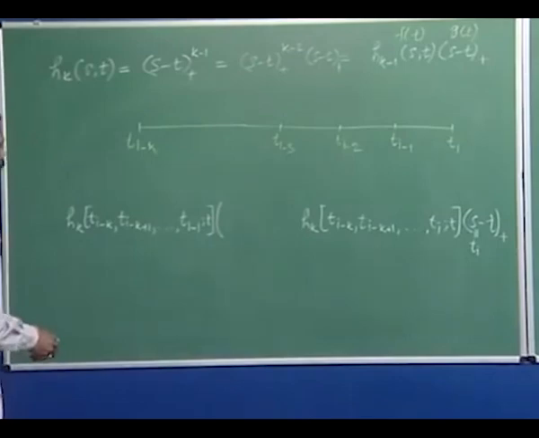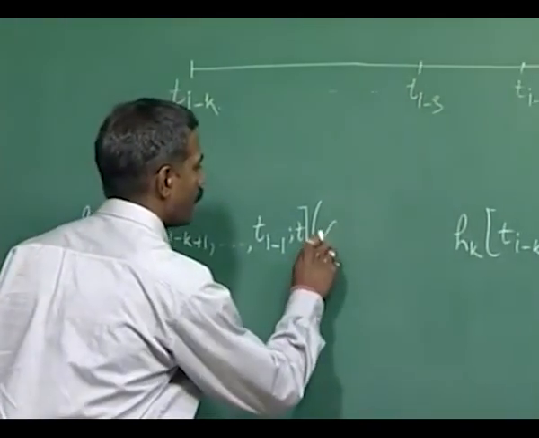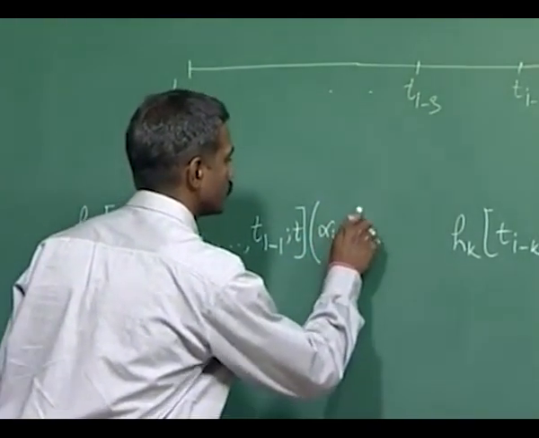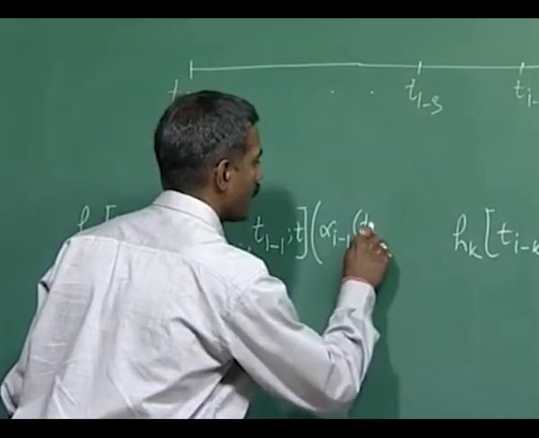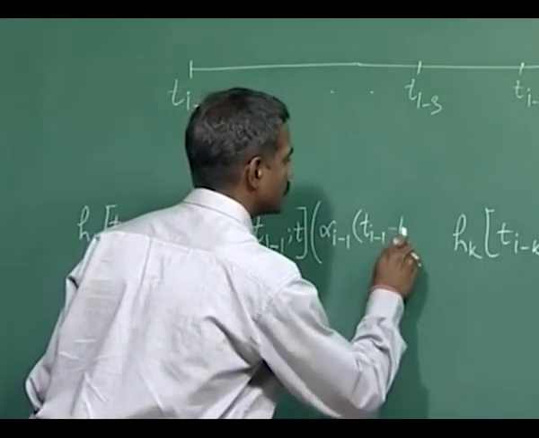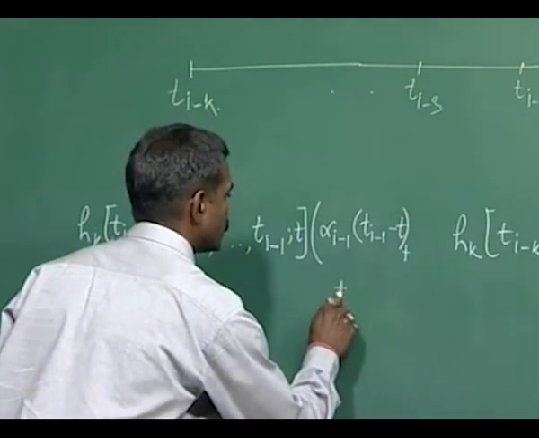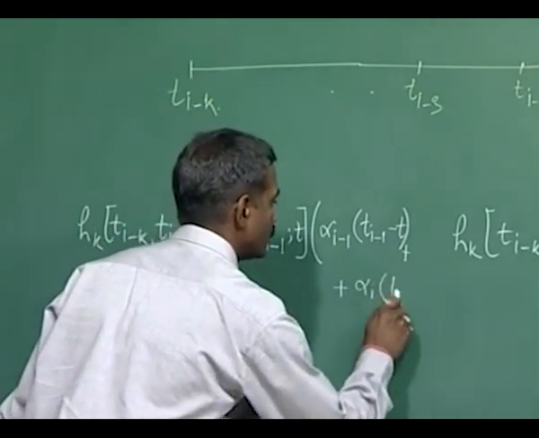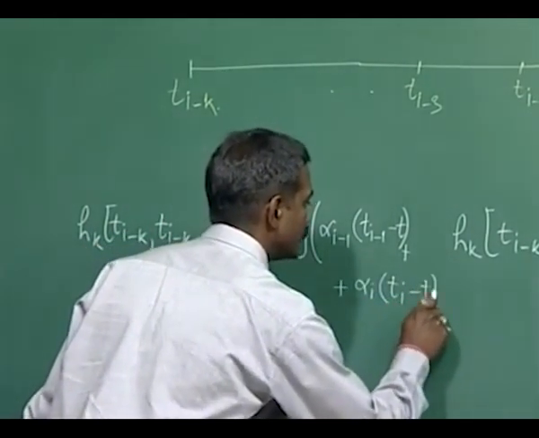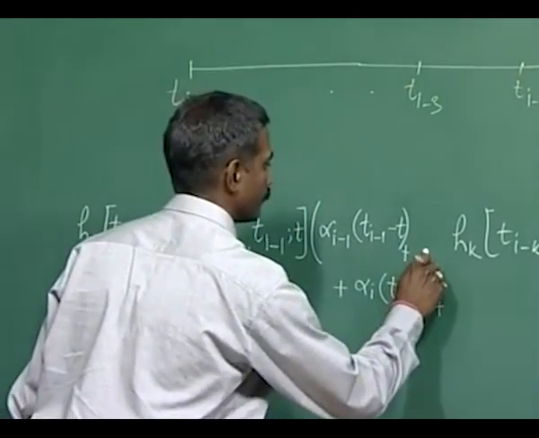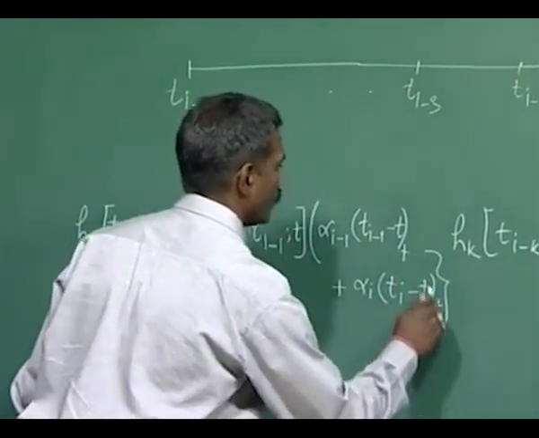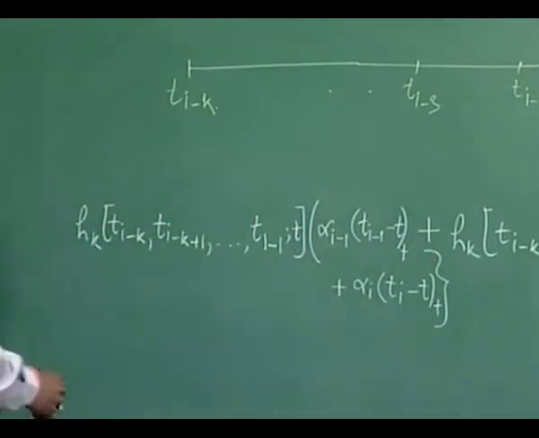That would be equal to alpha_{i-1}(t_{i-1} - t) truncated plus alpha_i(t_i - t) truncated. And of course, there would be a plus sign here.